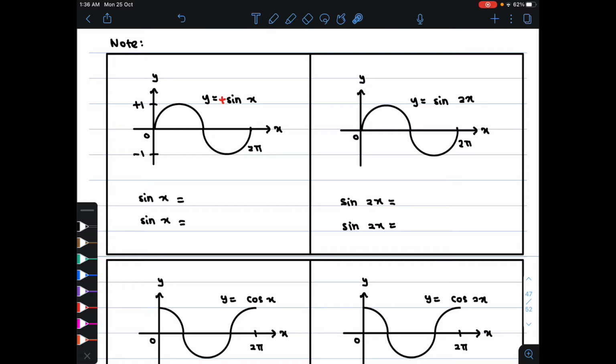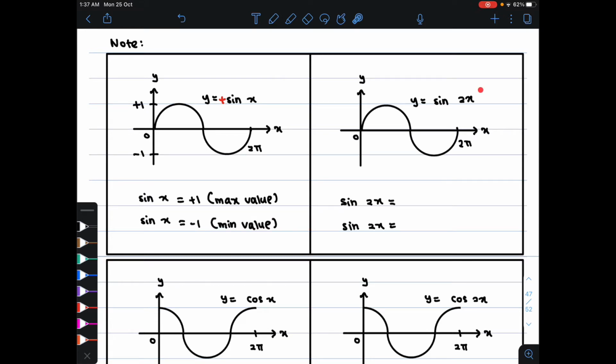And hence, you can write down sin x equals positive 1, and this is the maximum value. And the other one is sin x equals negative 1, where this is the minimum value.